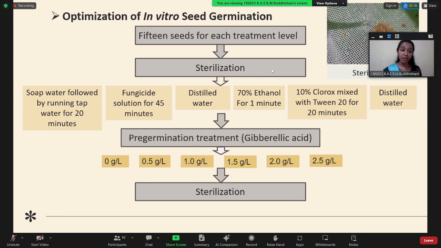After that, sterilize using fungicide solution, 70% ethanol and 10% Clorox with Tween 20, and finally thoroughly wash with distilled water. After that, seeds are treated with gibberellic acid, at the same levels used in vivo, for 24 hours, and further sterilization was practiced.